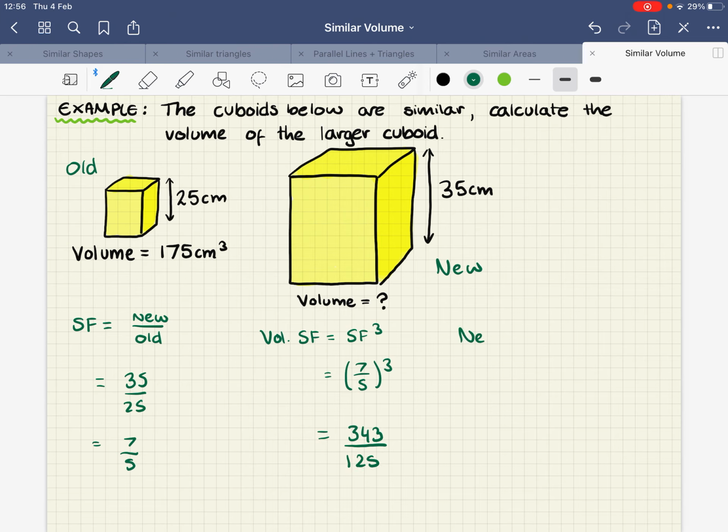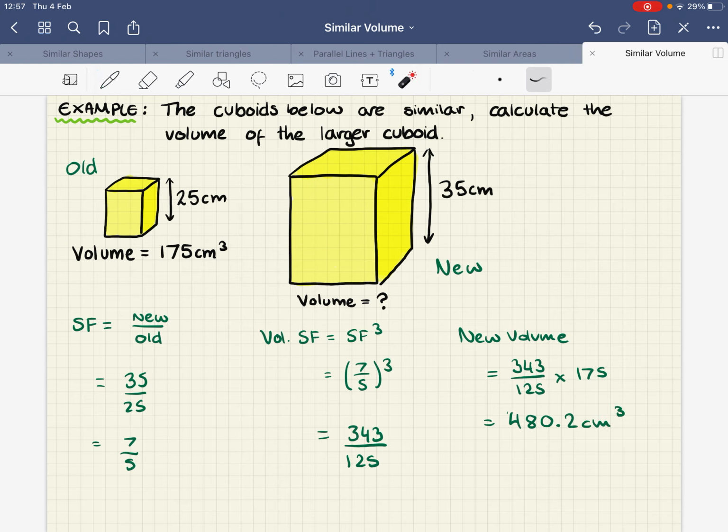So that means then my new volume, I take my volume scale factor and I multiply it by the old volume, that 175. And that gives me an answer of 480.2, and it'll be in centimeters cubed.